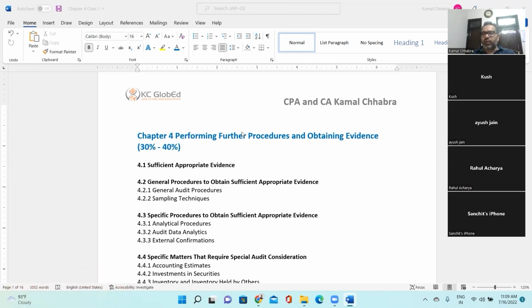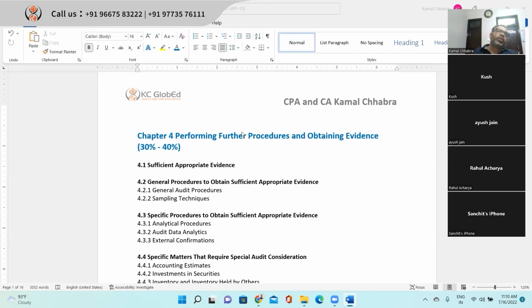The book gives a very good summary, and I'll be adding it in my notes as well. But we will not discuss those things much in class; that will be more for your homework. It covers all the financial statement line items that are common in most financial statements, like cash and bank, accounts receivable, accounts payable, investment, inventory. How to test those balances, and what audit procedures you need to perform to test those transactions and account balances.